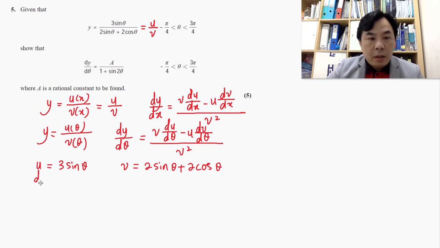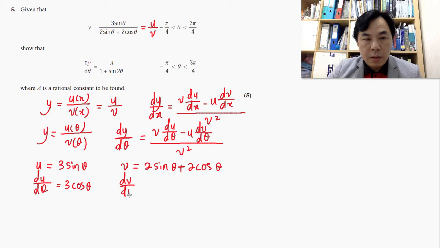Then du/d theta, we differentiate with respect to theta. If you forgot the differentiation for sine, you can always refer to the data booklet. And then dv/d theta. Alright, there you have it.